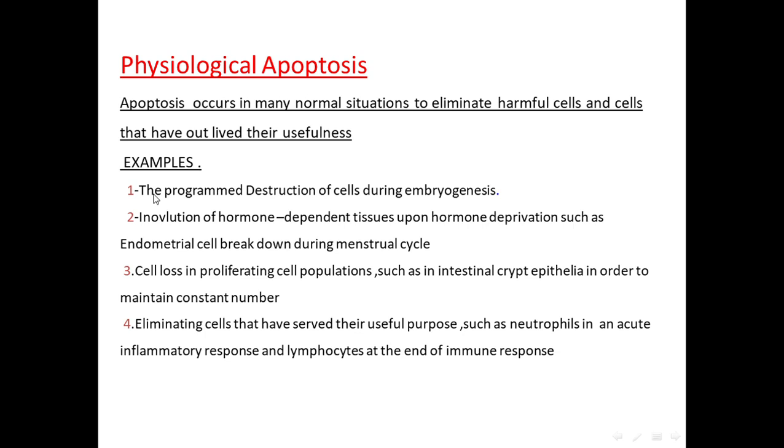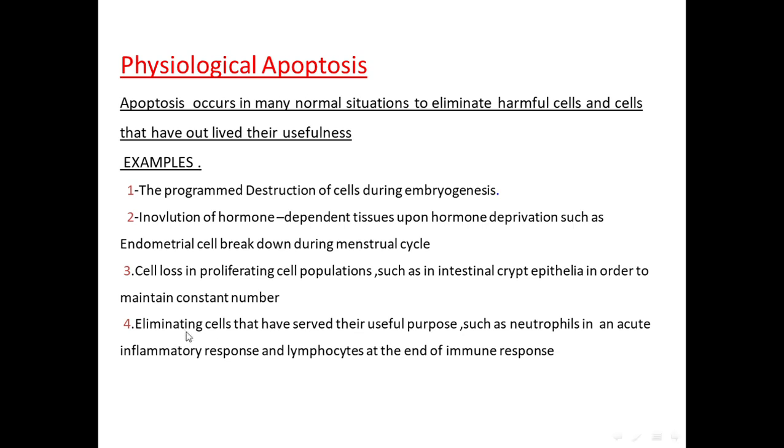Examples: the programmed destruction of cells during embryogenesis, involution of hormone-dependent tissues upon hormone deprivation, such as endometrial cell breakdown during the menstrual cycle, and cell loss in proliferating cell populations, such as in intestinal crypt epithelia, in order to maintain a constant number.